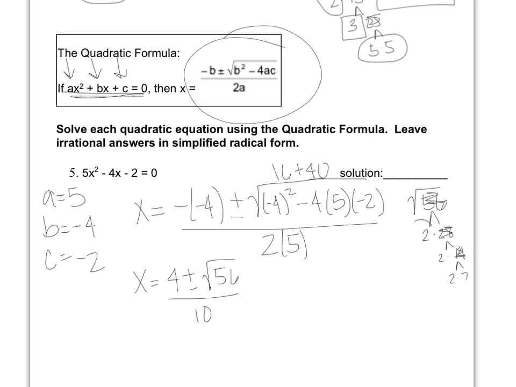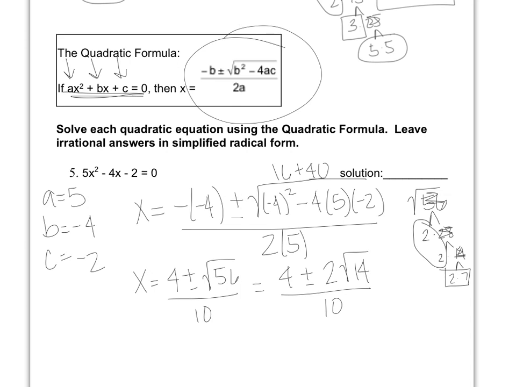You're bringing out your pairs, and then we're leaving whatever is not a pair, so 2 and 7. Okay, so let's rewrite this as 4 plus or minus the square root of 56, which we just found to be 2 square root of 14, over 10.